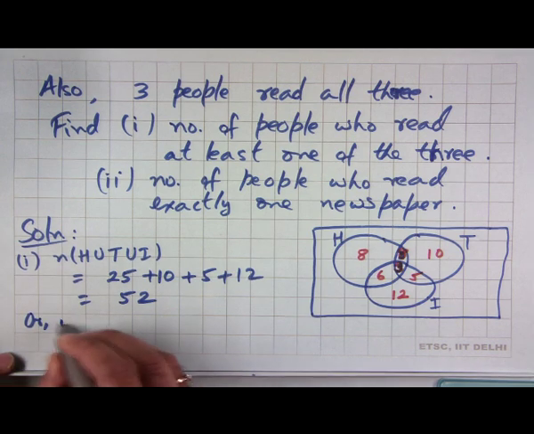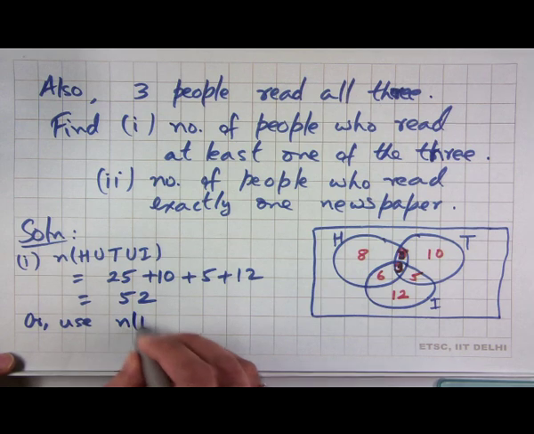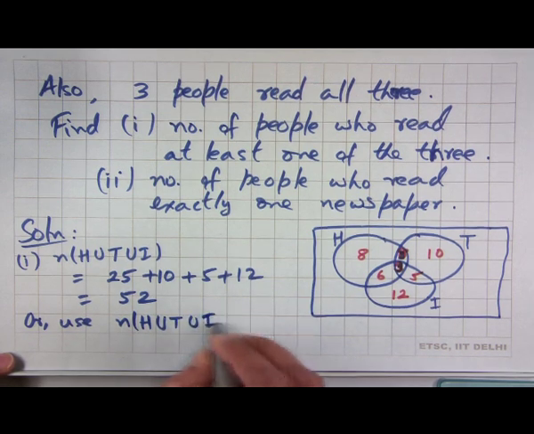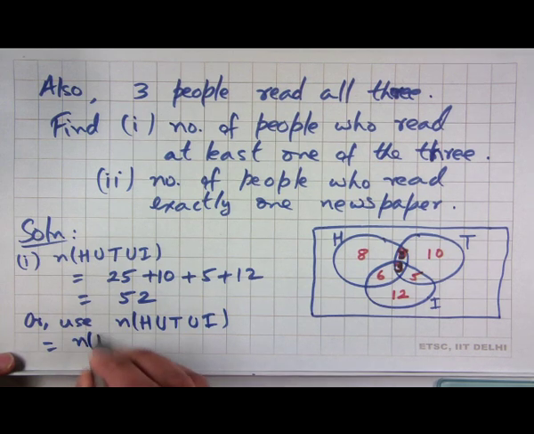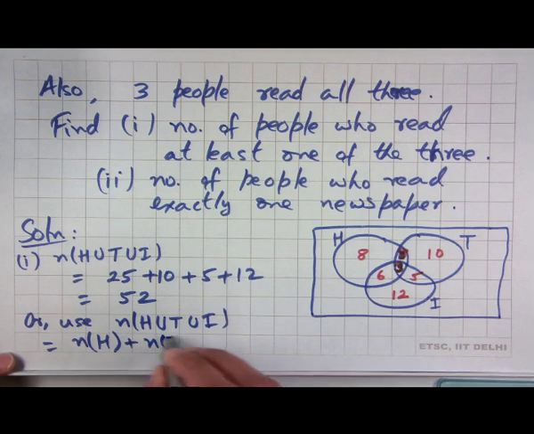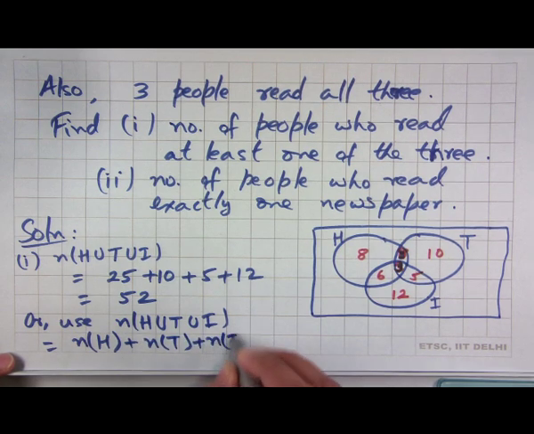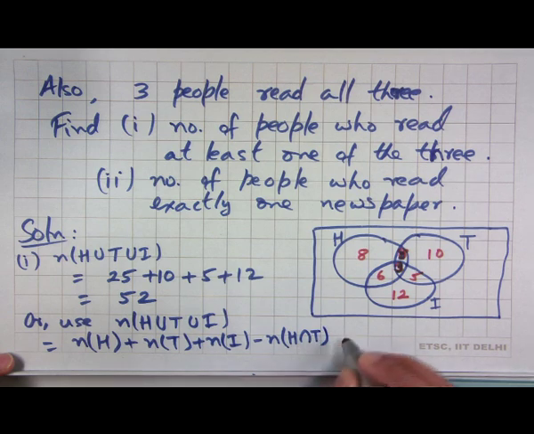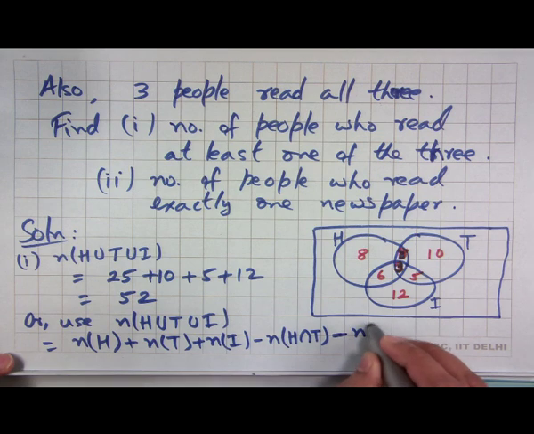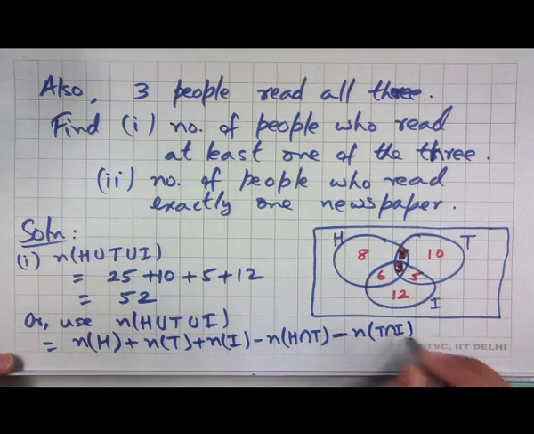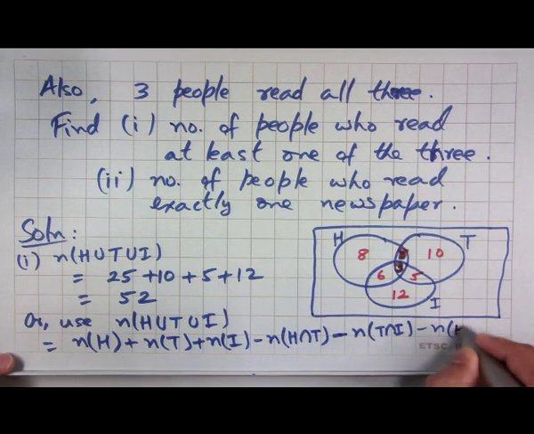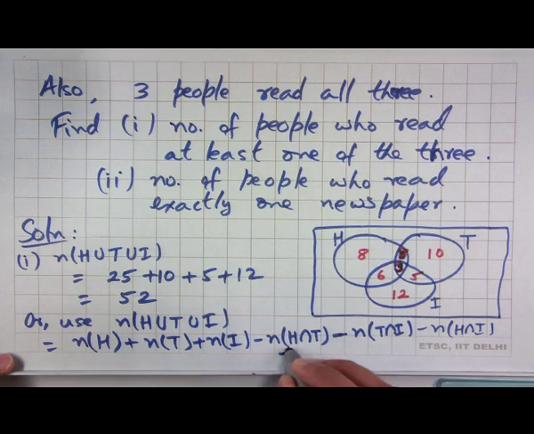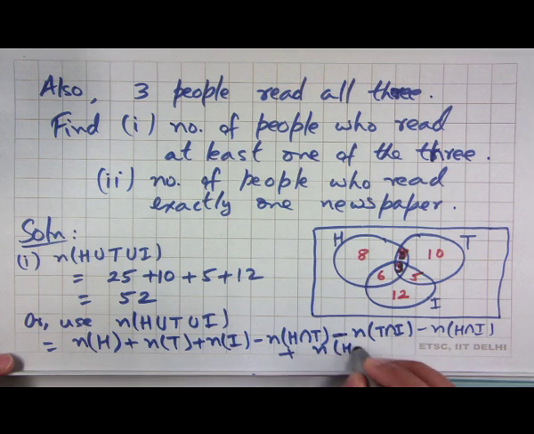Or use n of H union T union I is equal to n of H plus n of T plus n of I, minus n of H intersection T, minus n of T intersection I, minus n of H intersection I, plus n of H intersection T intersection I. Right.